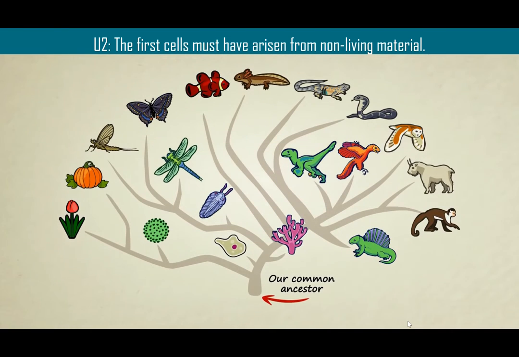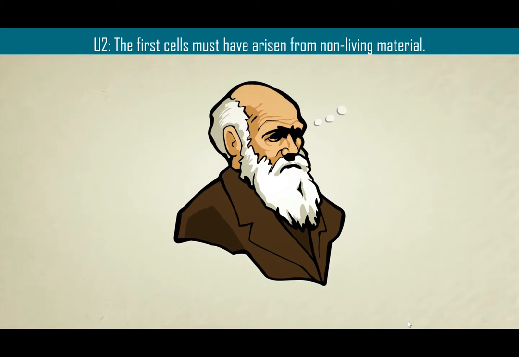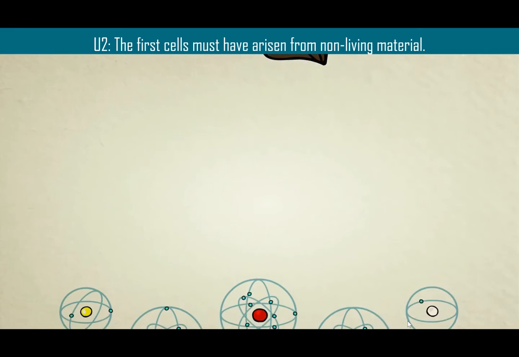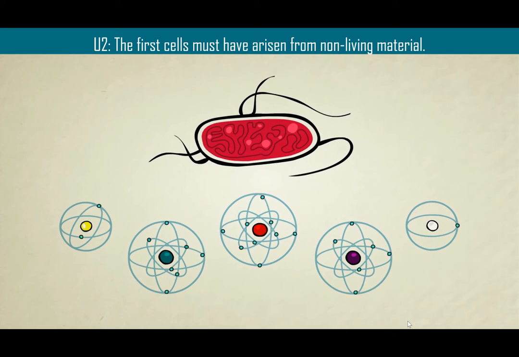Furthermore, the first reproducing creature could not have developed through biological evolution because biological evolution requires reproduction in order to work. The origin of life needs its own explanation. The most promising idea right now, the one which is consistently leading scientists to new discoveries, is the idea that life emerged from chemistry.